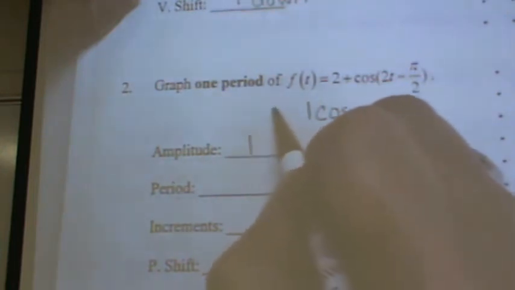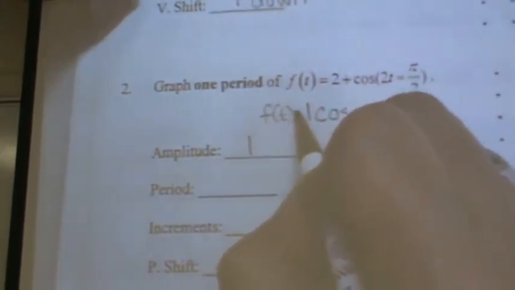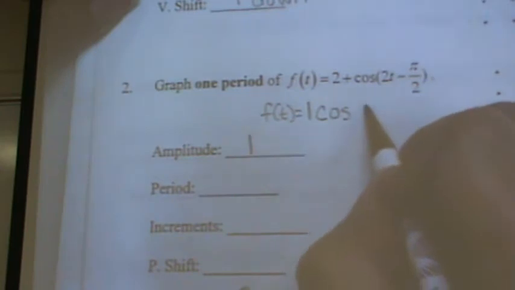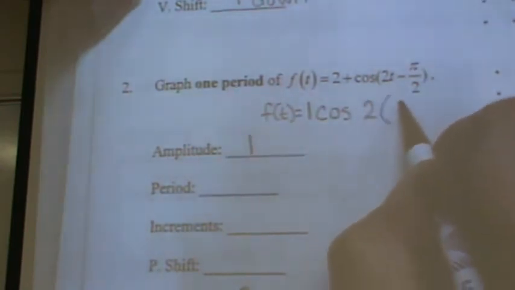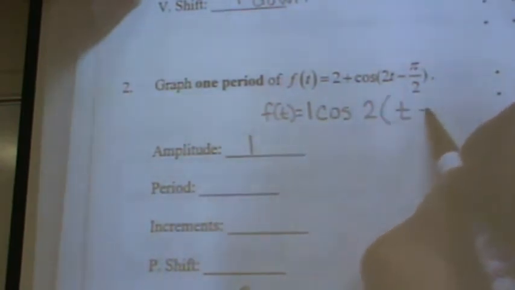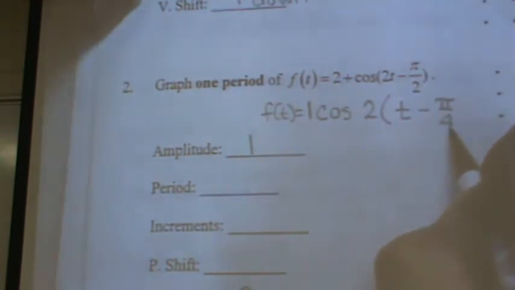So I'm going to rewrite this problem as the cosine. I think, Caesar, did you say 1 is the amplitude? Yep, you are right. F of t is equal to 1 cosine. The b value is 2. T minus pi over 4 plus 2.